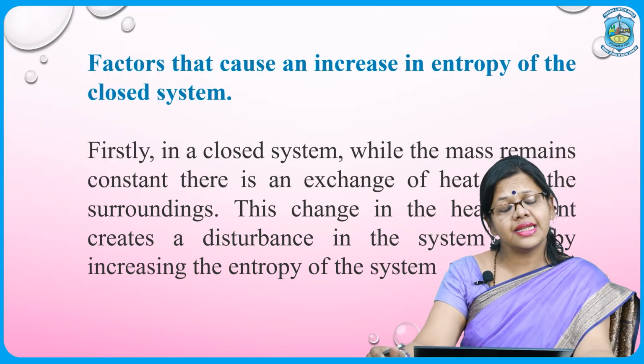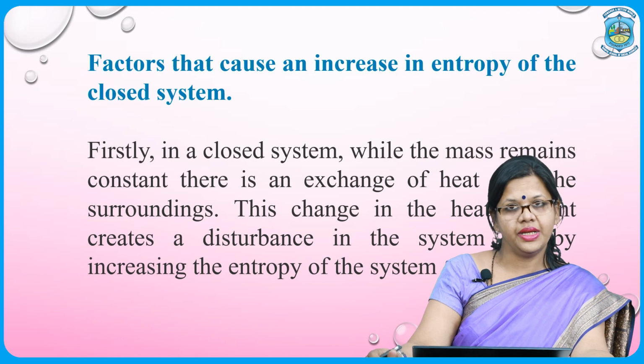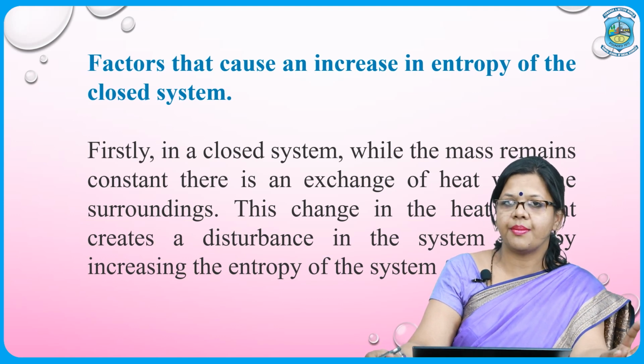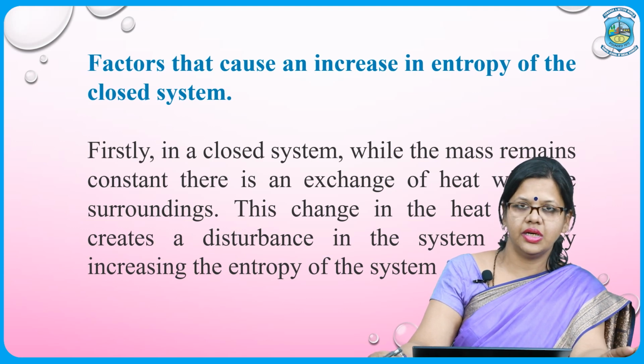Now let us see what the factors are that cause an increase in entropy in closed systems. In the first lecture, we discussed 3 systems: closed systems, open systems and isolated systems.